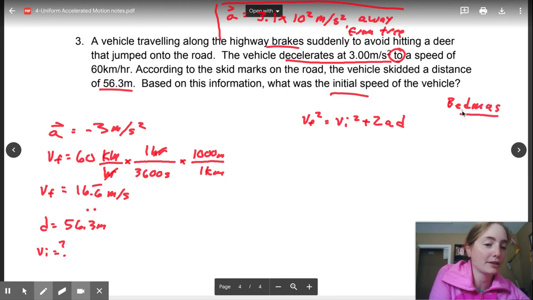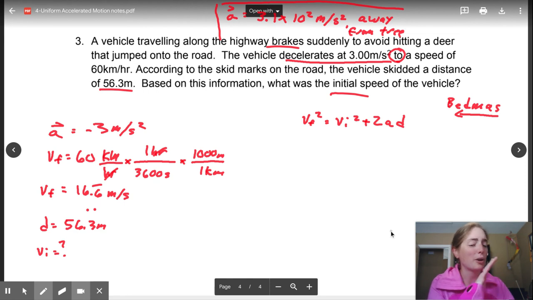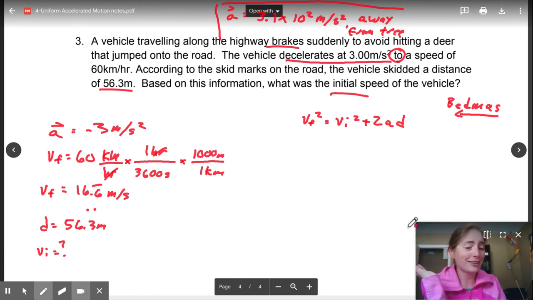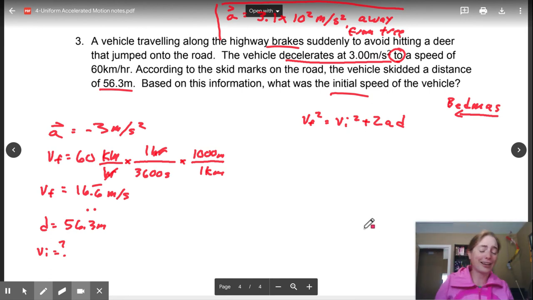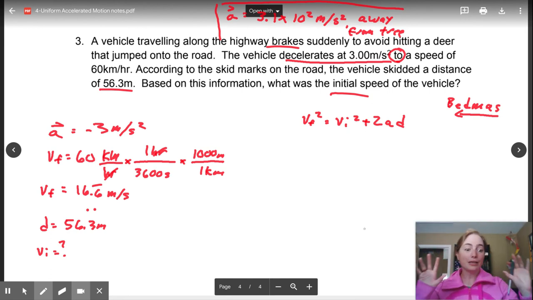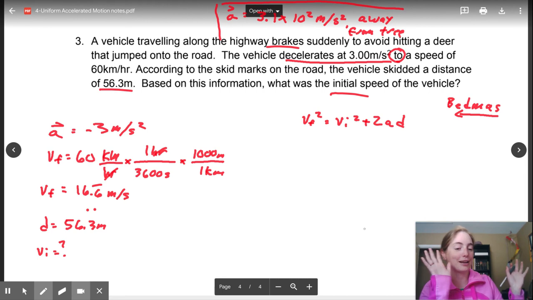If you're still having a hard time with rearranging equations at this point, please make sure you come and see me and we can do some work on it. Come to focus block, or I don't know what's happening in the world. We still haven't even reached the infamous August 1st date when the government's going to be announcing stuff, at the filming of this video.